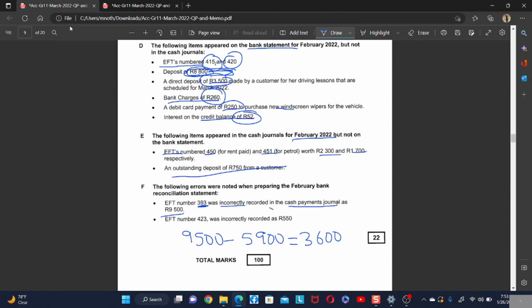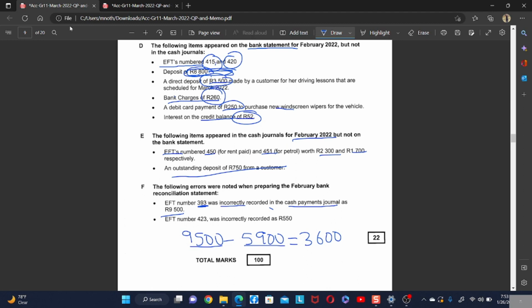So what happened here is that we were supposed to pay 5,900, but we incorrectly recorded 9,500. So this means that we paid more. To make this balance, we must now receive this money back because we paid more.